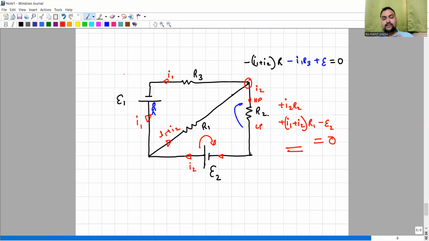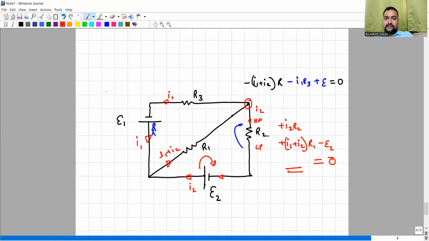A Kirchhoff law problem can ask you anything: unknown resistance, EMF, current, anything. But to know all of those, you need to write the loop equations. The equations are going to solve it, no matter what the question is demanding: current, resistance, or EMF. Anyhow, you have to write the loop equation, and then solving it will get you whatever you want.